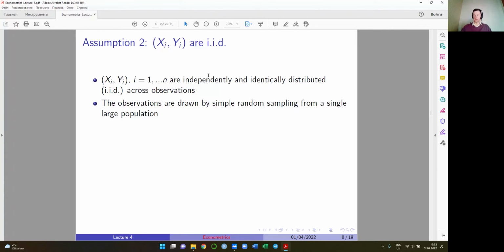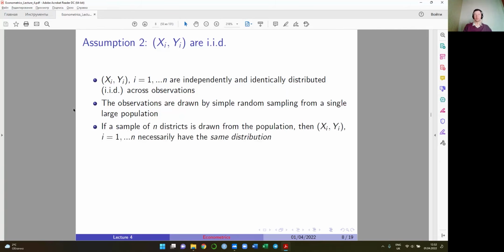So all the data sets that you had yesterday on the midterm were collected through simple random sampling. So you make some survey, you ask random people different questions and get the data. So you don't need to run a randomized control experiment for this. Even for observational data, you simply collect this data through random sampling.